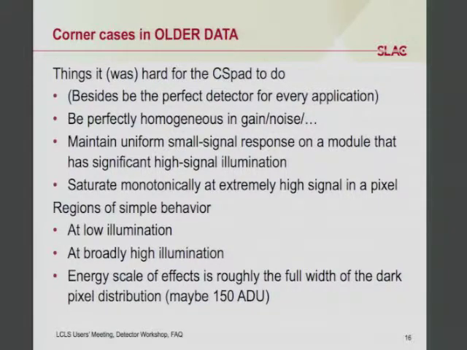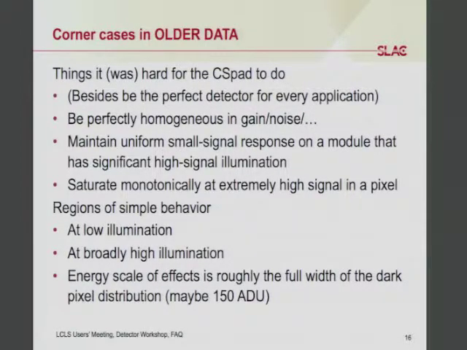The main one is to give you small signal response when you're whacking another part of the detector. So that's just hard for us to do with the CS pad. And if you're trying to look for single photons when you've got 1,000 photons in a different part of an ASIC, that's difficult, and it's something we can talk about, but it's hard.